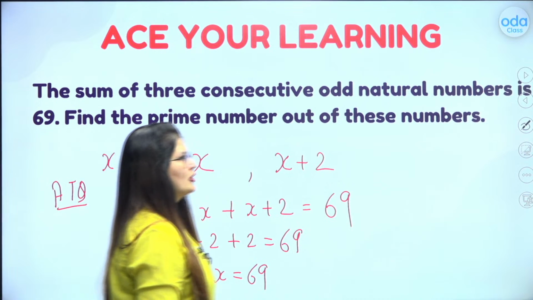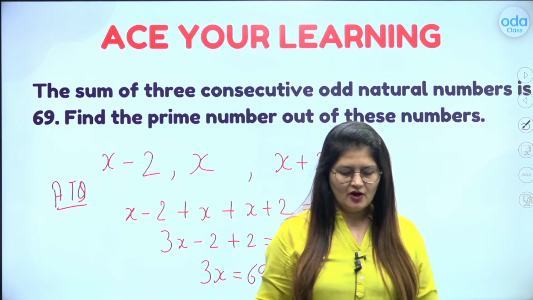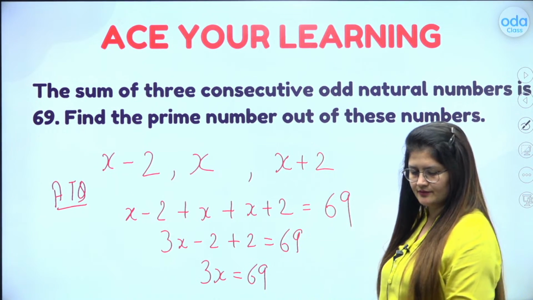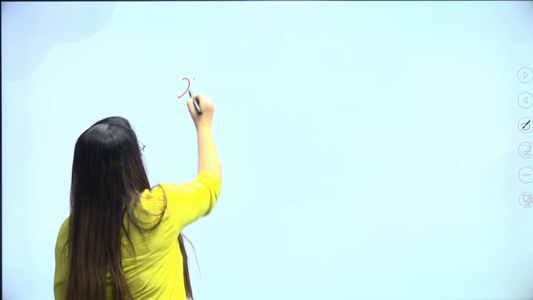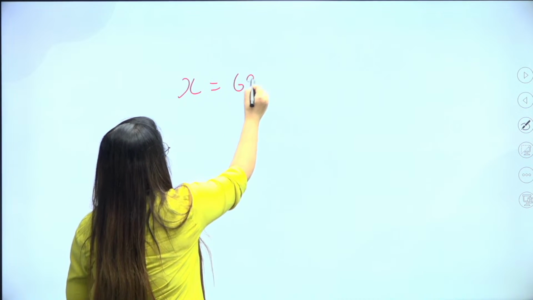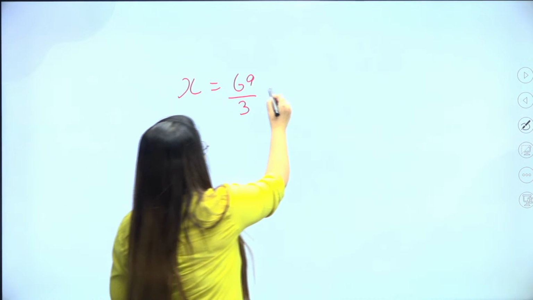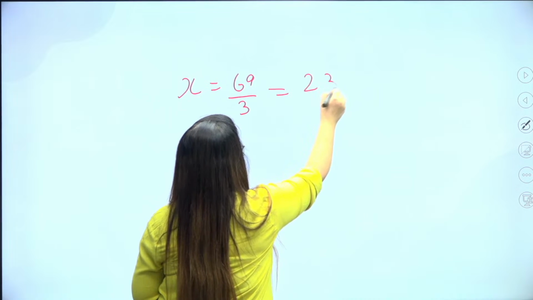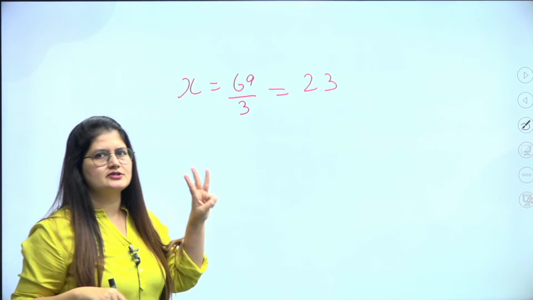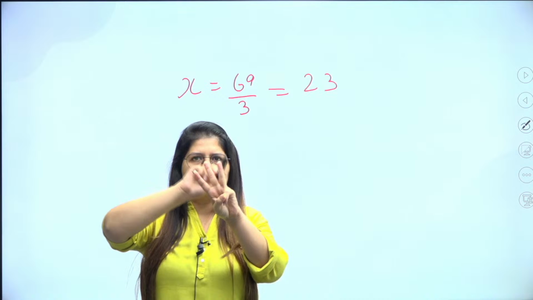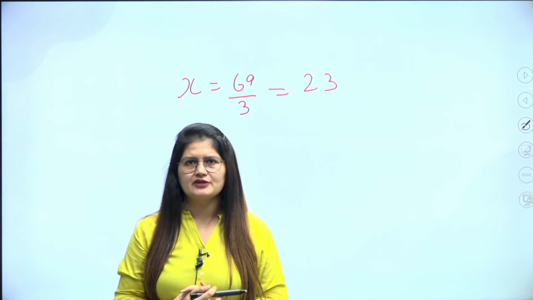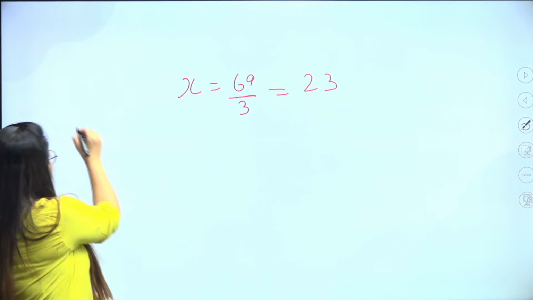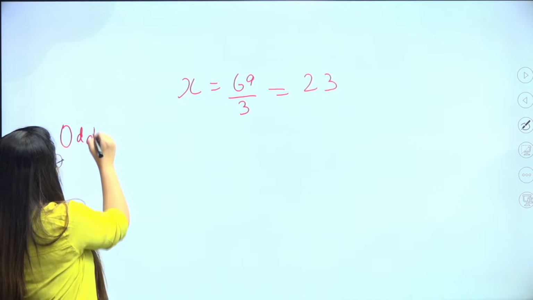So if 3x is equal to 69, what is going to be the value of x here? We will say that x is 69 divided by 3. That means we are getting it as 23. Now we had 3 odd numbers: x, x minus 2 and x plus 2. So can we just write the odd natural numbers here?